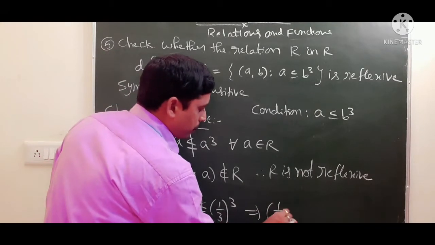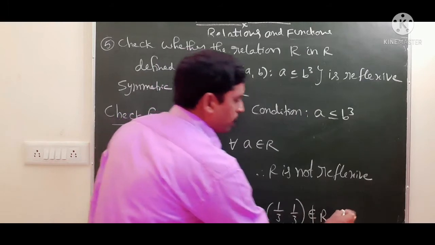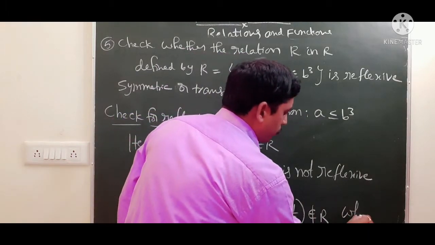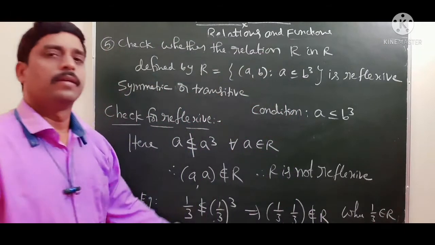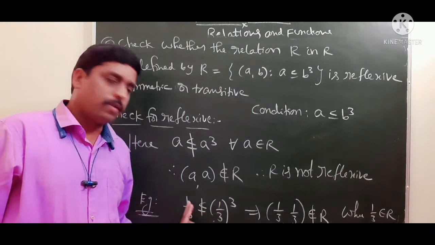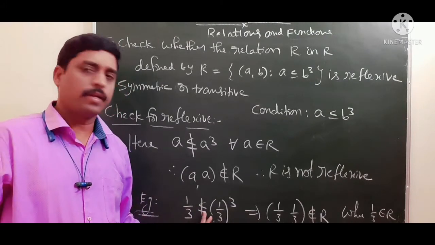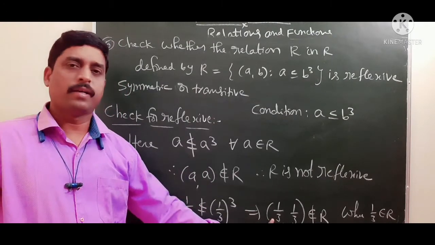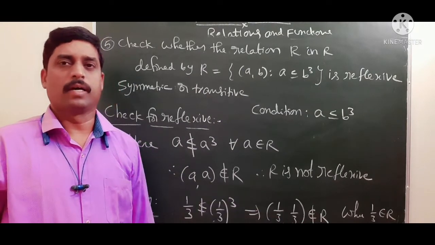Therefore, (1/3, 1/3) does not belong to R, where 1/3 belongs to the real numbers. If this condition fails, the ordered pair (1/3, 1/3) does not belong to R. Therefore, R is not reflexive.